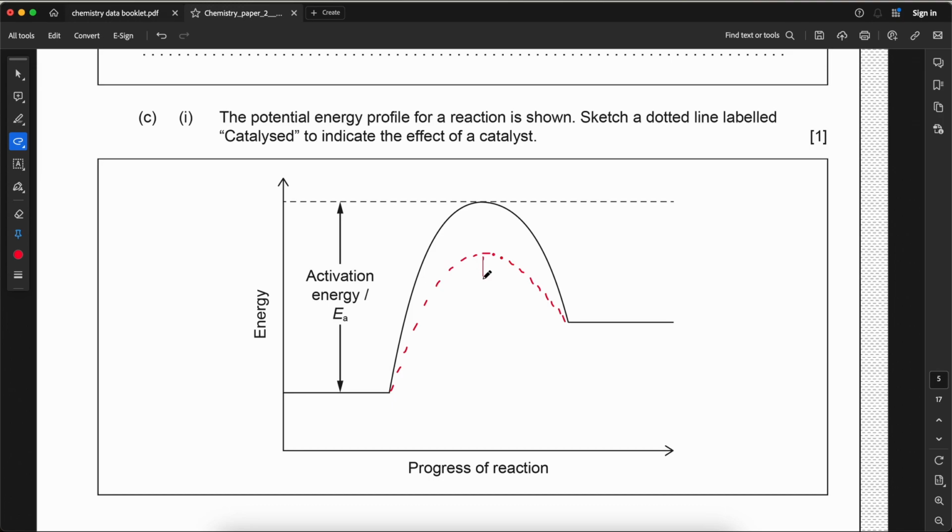So this would be catalyzed: a lower activation energy curve between the same reactant and product levels. This is the reactant, and this is the product.